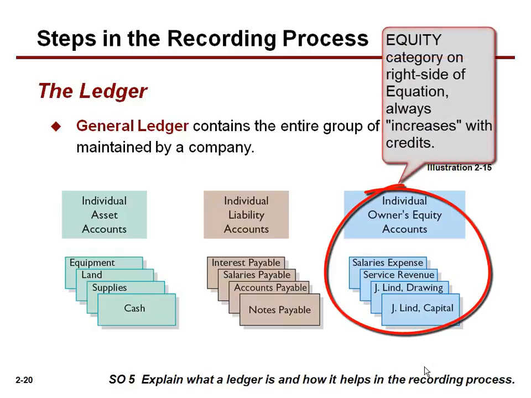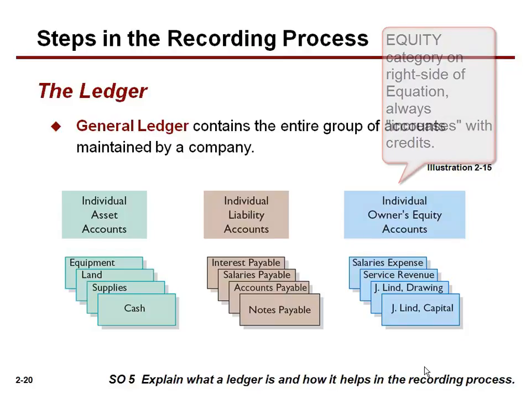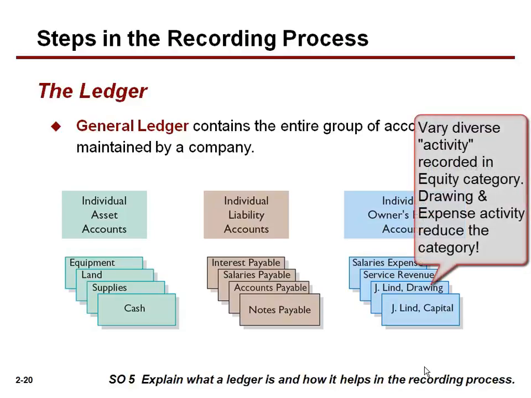Owner equity accounts: we have a capital account, which books investments by the owner, and a drawing account, which records divestments by the owner. As cash goes down, let's say we will decrease cash and will increase the drawing account. The drawing account increase has the effect of reducing the owner's equity category.